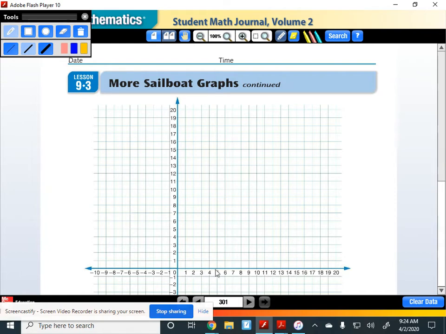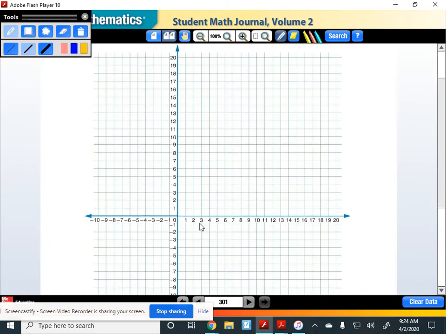It's positive 9. 9, up 3. There we go. Okay. Then after that, it was 6, 3. Connect that. And then we went 6 to 9. We're going to connect that.